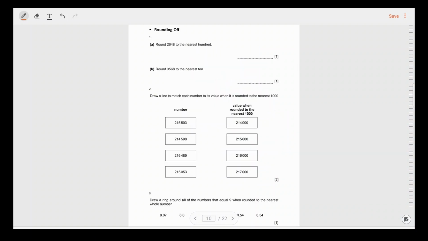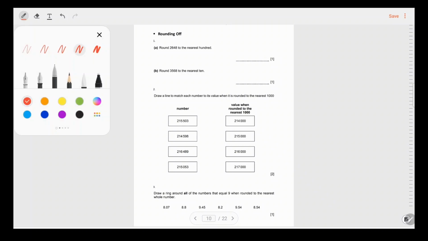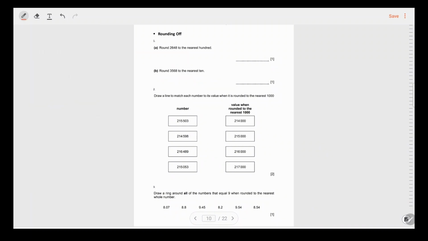The next topic is rounding off. So question number 1 says round 2648 to the nearest hundred. 2648. 6 is the number in the hundreds place, so we would draw a dotted line after that, and we check the number on the right side of the dotted line.